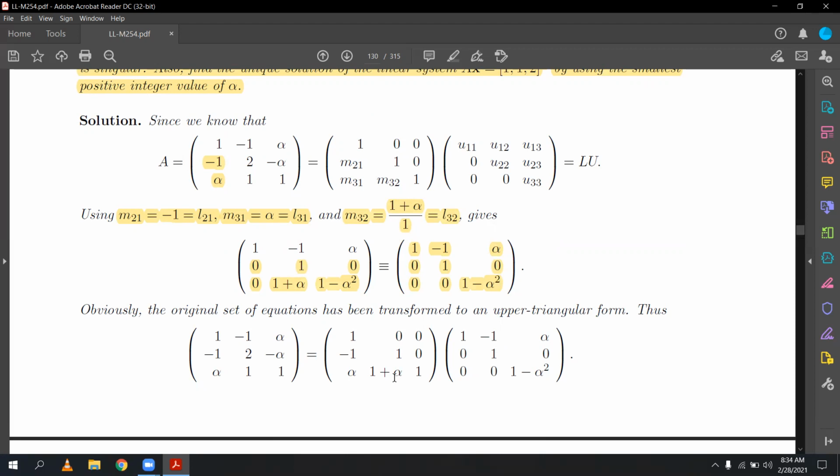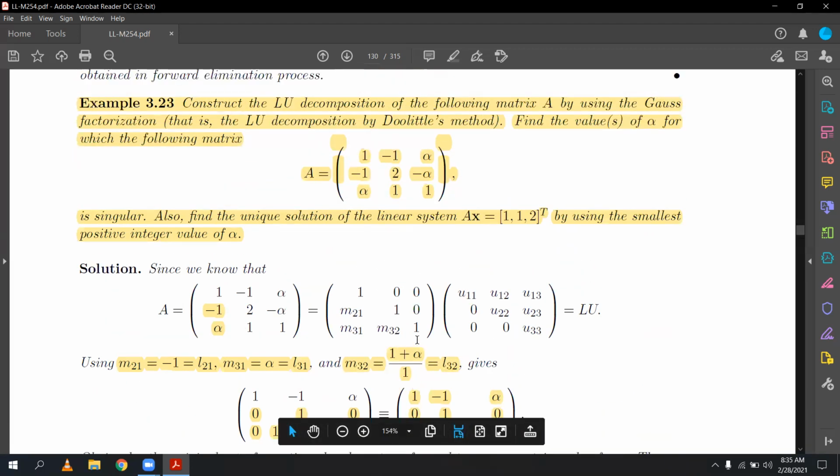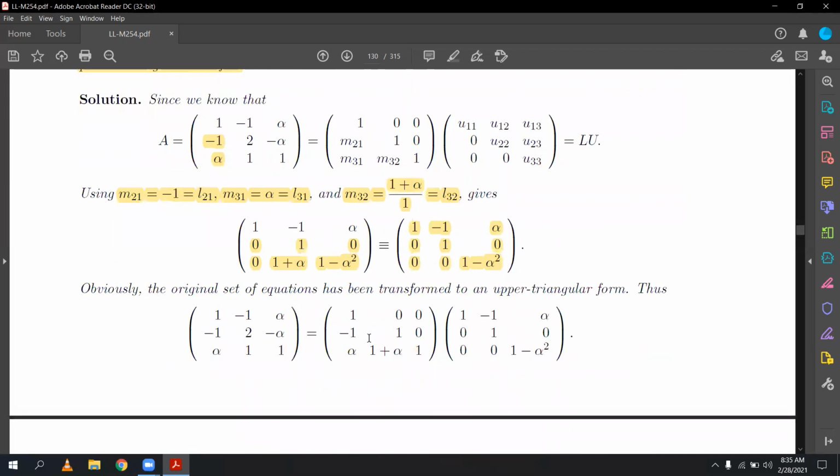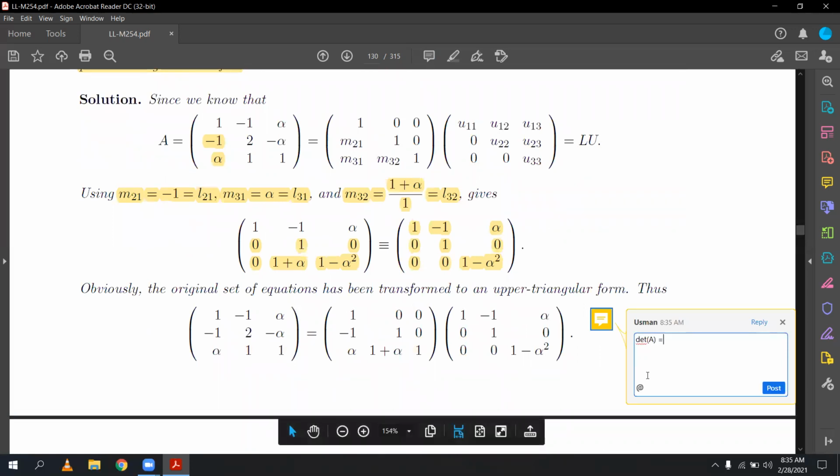Now the question is what? It says, find the value of alpha for which A is singular. Your A is singular when the determinant of A is equal to 0.